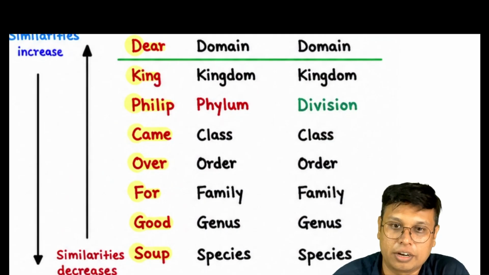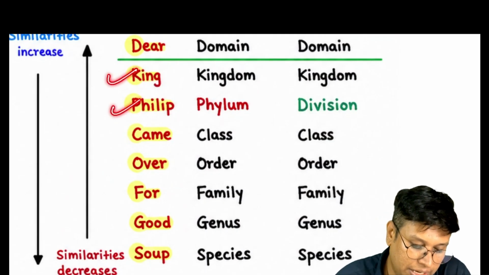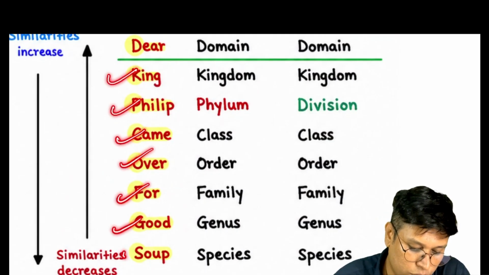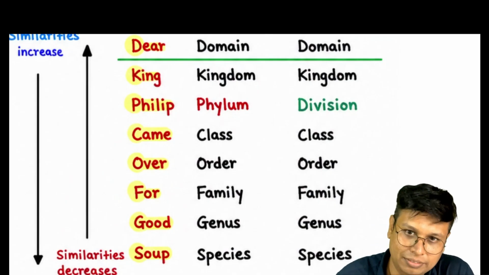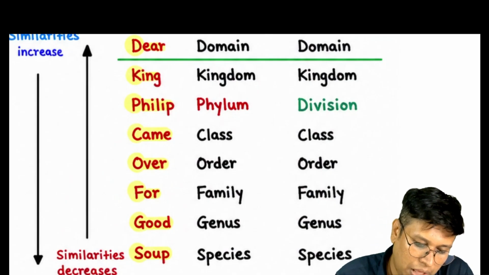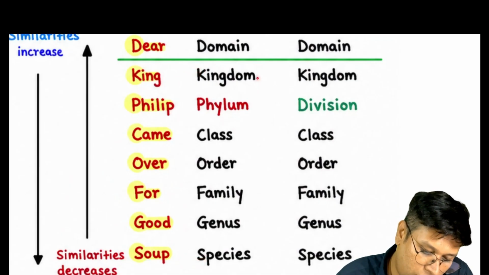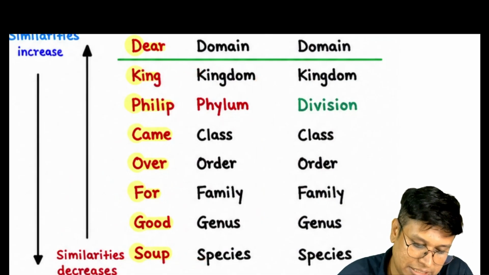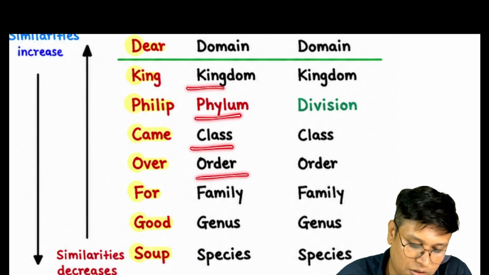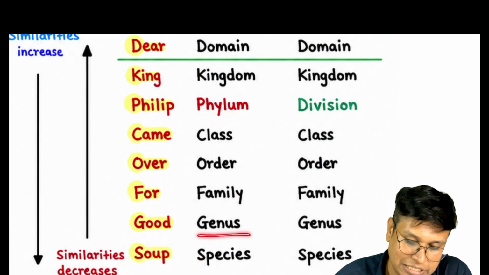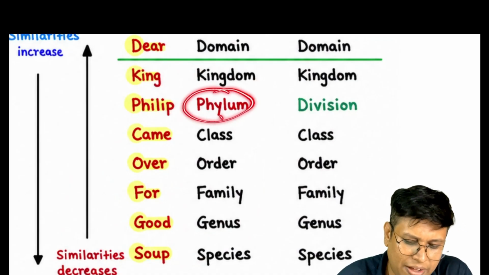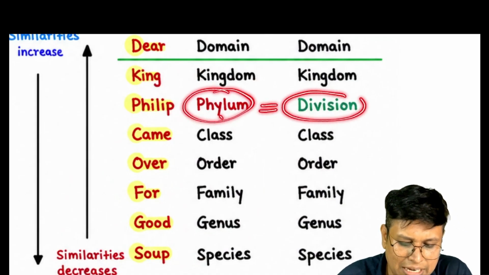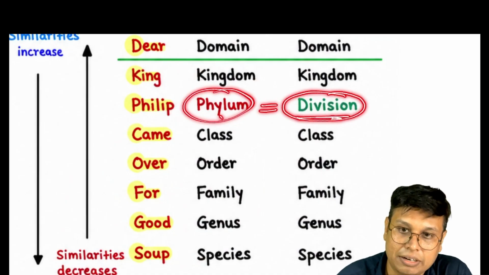So let's start with King Philip came over for good soup. This is a mnemonic to remember. It is a common mnemonic, not mine. So the highest is going to be kingdom, the lowest is going to be species. When you come from kingdom to species, that is kingdom, phylum, class, order, family, genus, species. Similarly, instead of phylum, at the same level, at the same taxa, division is there for plants.